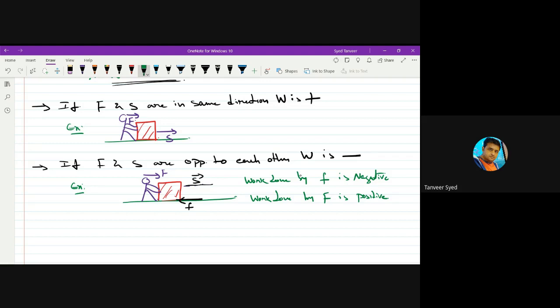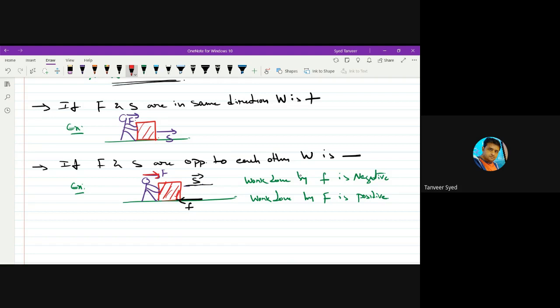So the point to be understood from this example is that in the same situation, more than one force might be doing work on the same object. On the same block, the same body, the force applied by you is trying to displace the block, and friction is also trying to do work.